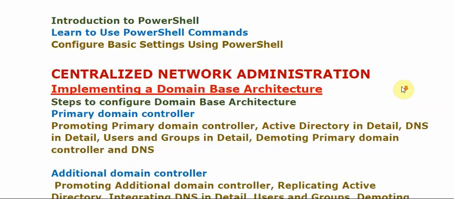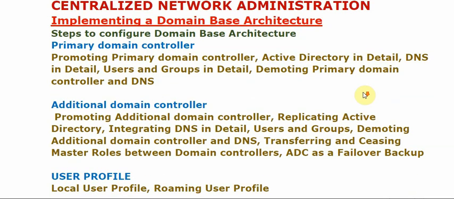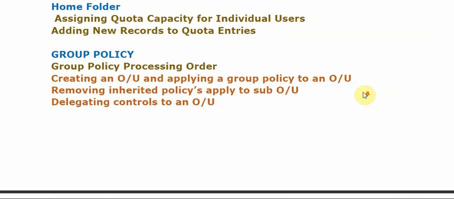Then we will be moving to centralized network administration. Network administration is divided into two parts: centralized network administration and server management. These two come under network administration, and in the network technician part we will be learning everything needed to implement a functional network system. Here we will be learning all the required concepts related to centralized network administration. We will be covering everything in depth.